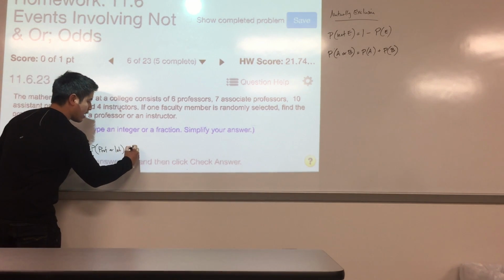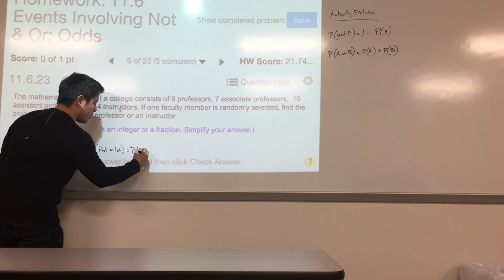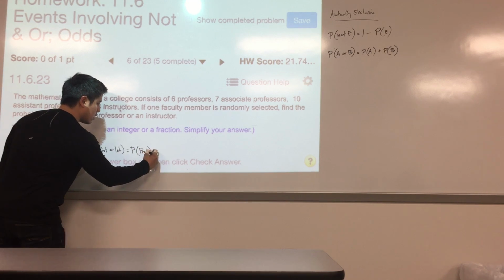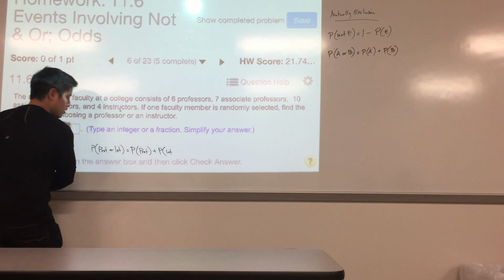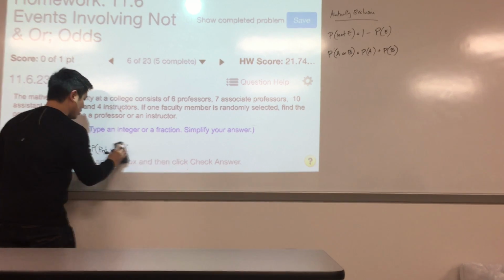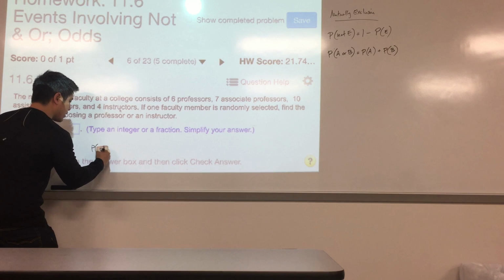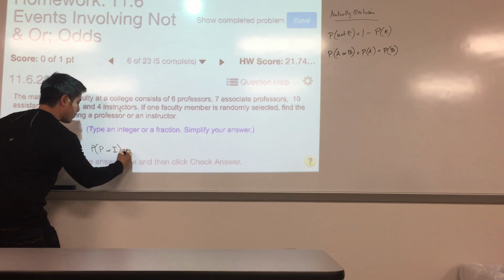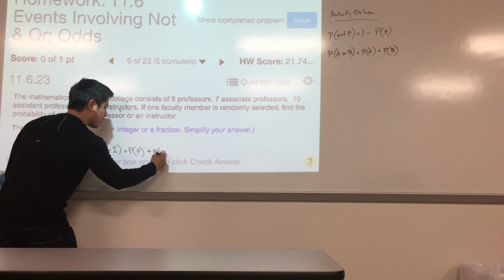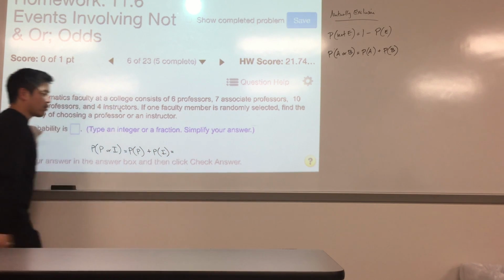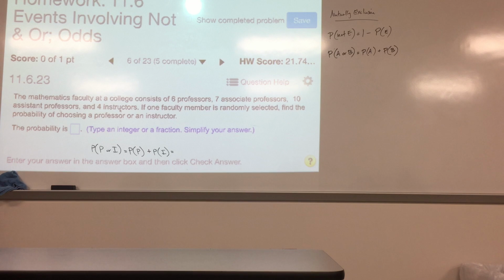In order to do that, we need to find the probability of getting a professor and then add it to the probability of getting an instructor. I'm just going to use P and I, shall we? So probability of getting a professor plus the probability of getting an instructor. Everybody agree? Good? Okay. So let's go do the professor side.